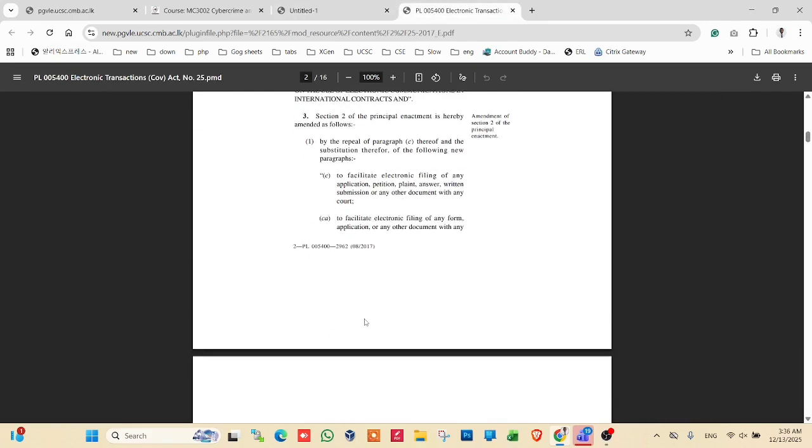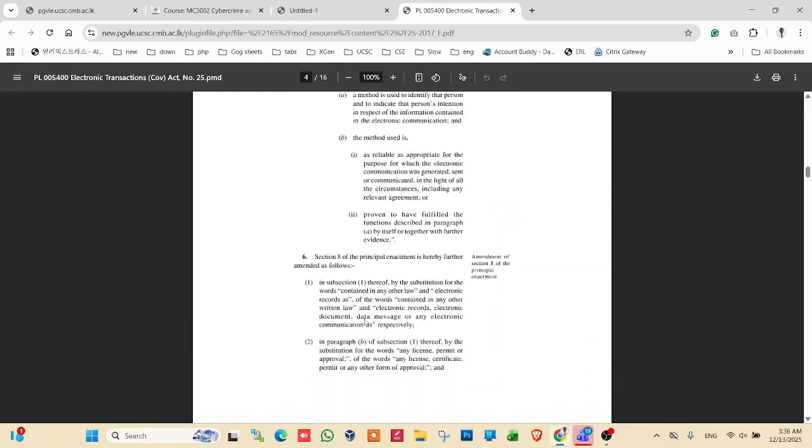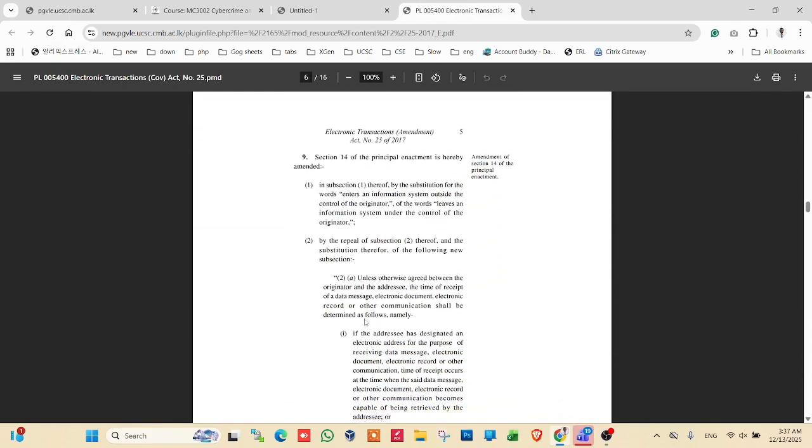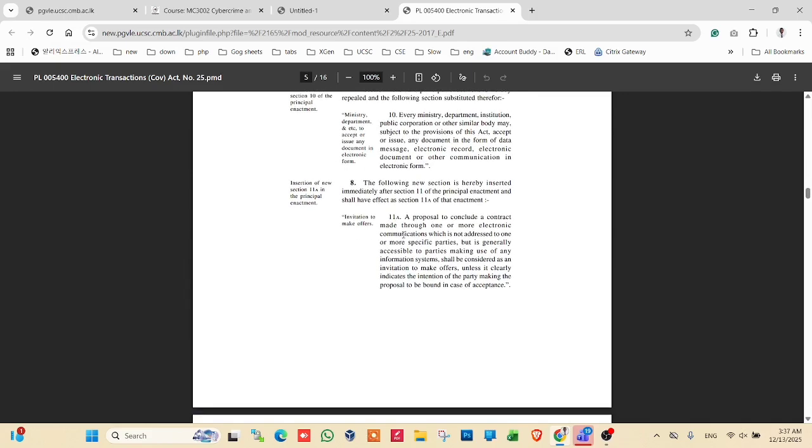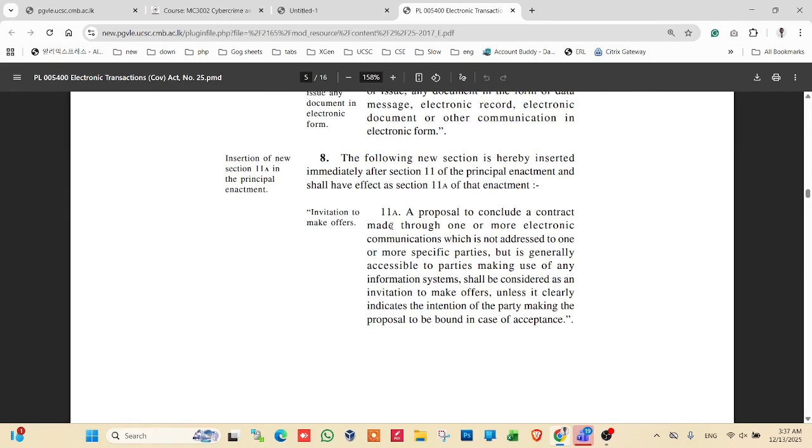So this is also the issue with the law, because you have to read everything together, and therefore sometimes people will miss certain parts because of the new amendments. In this case it says under section 5 of the amendment, right? So how do you know it's an amendment?